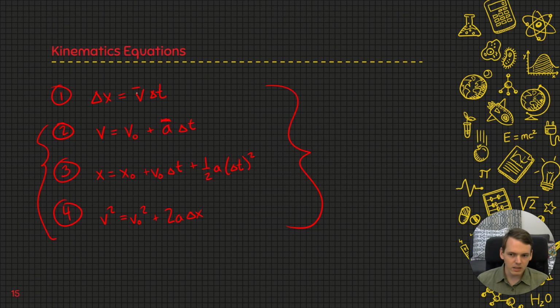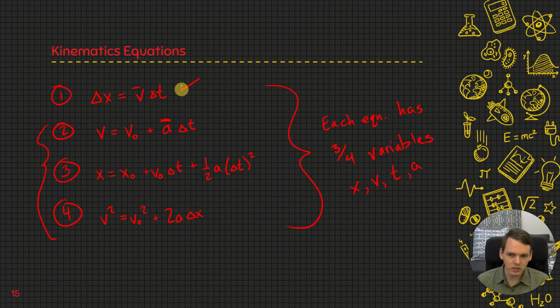A significant thing to notice about each of these equations is each equation has 3 out of the 4 variables. And what 4 variables are we talking about? We're talking about x, velocity, time, and acceleration.